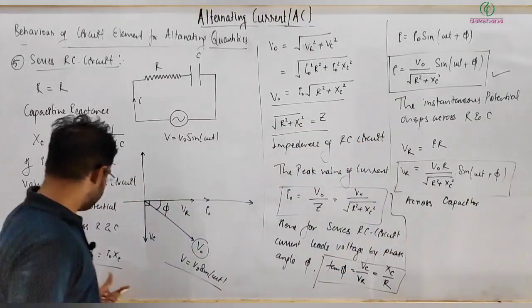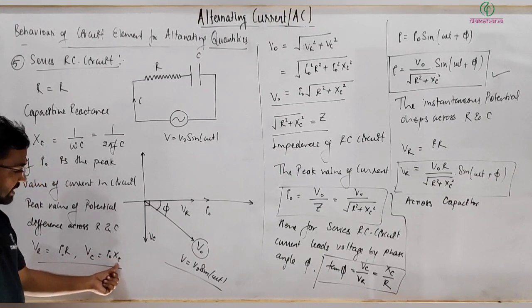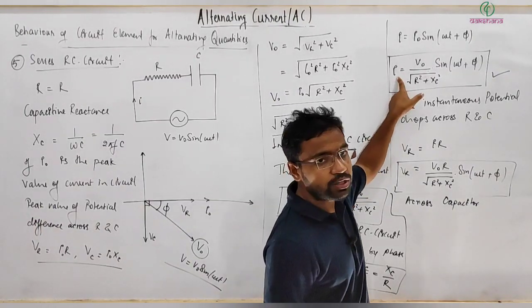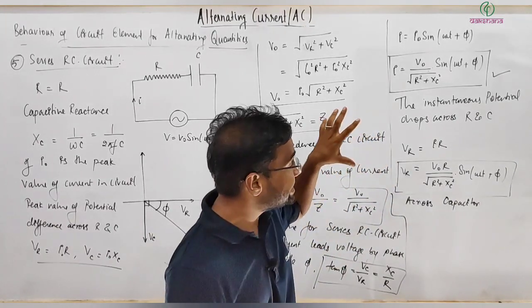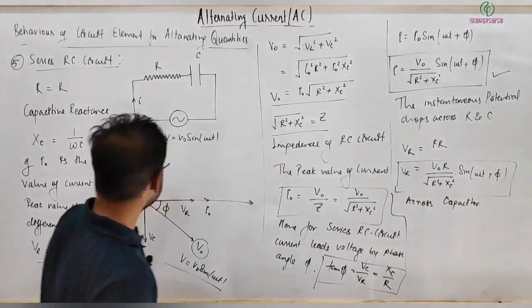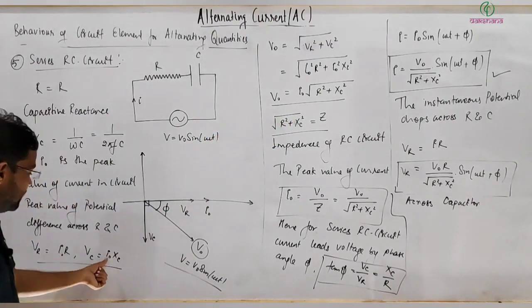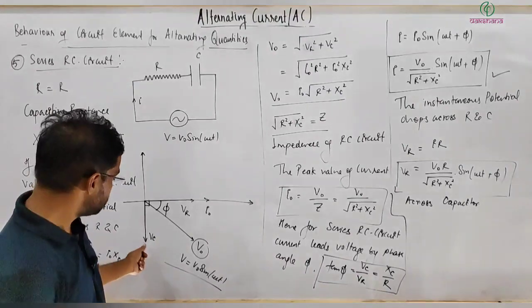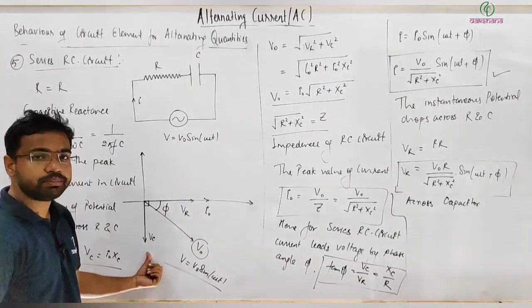The peak value of potential drop across the capacitor is given by I naught, its peak value, multiplied by XC. Then I will get a function of time, but the current through the capacitor is exactly that. If I multiply this, I will get the peak value. Well, how will I calculate the phase? So the phase of VC is lagging behind IC by pi by 2.